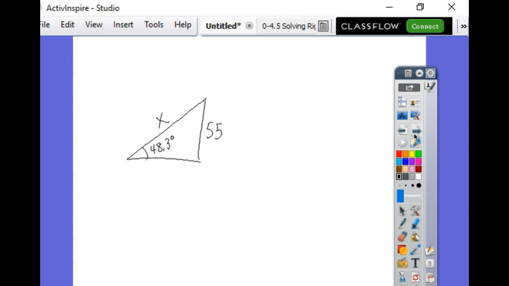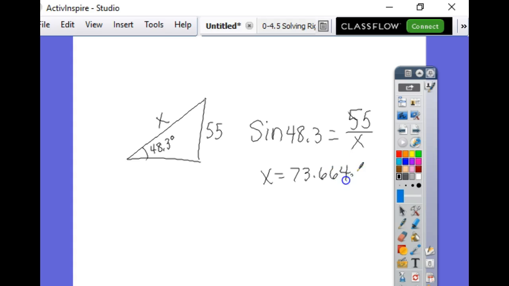So now I have theta, I have opposite over hypotenuse, and we just said that's the sine. And when you cross multiply, you should get the answer. Okay? All right. 2 more.